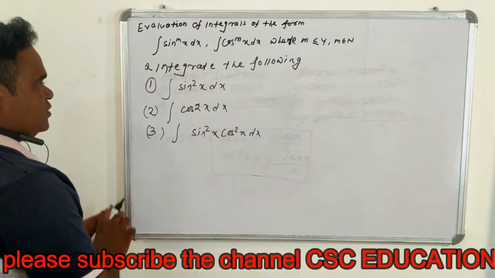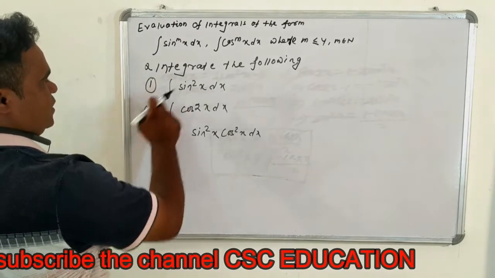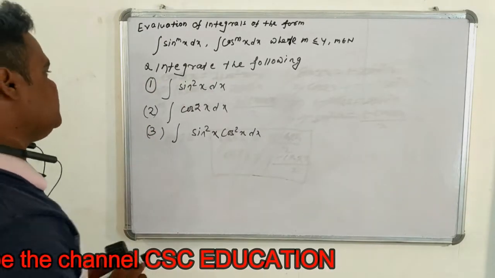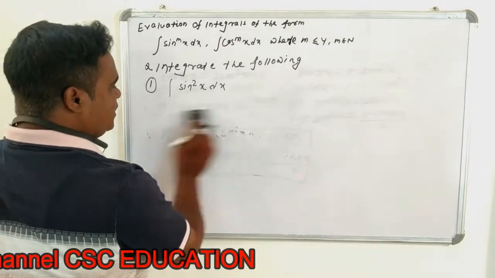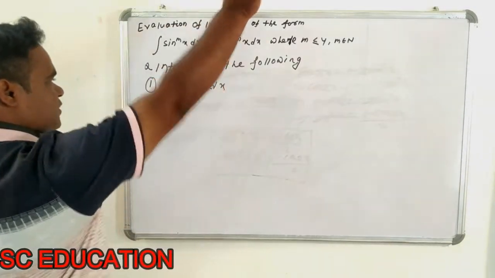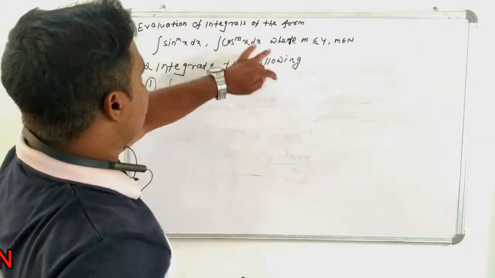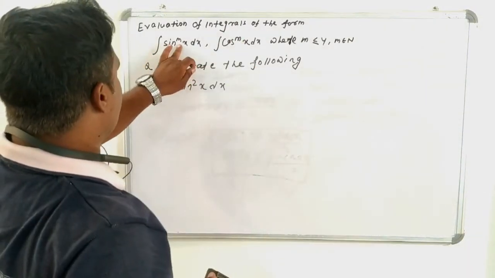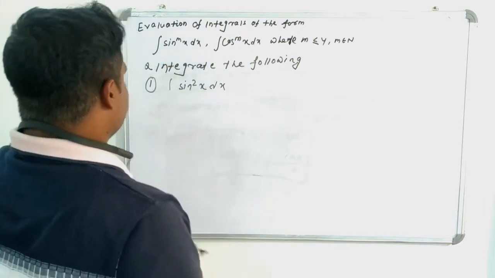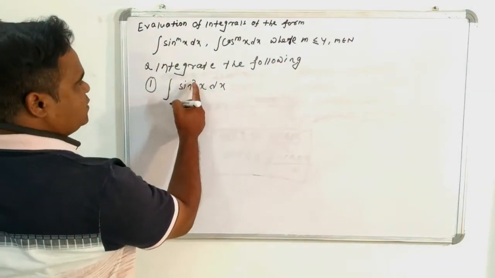In the first question, integration of sine square x dx. This is the evaluation of an integral of the form sine to the power n of x dx. So the question is sine square x dx.